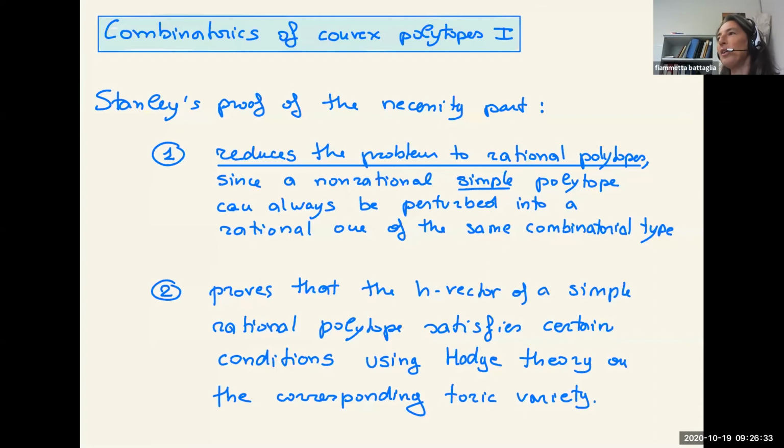So as far as we are interested in the combinatorics of the polytopes, we can just look at the rational ones, and this is what Stanley does. Then he proves that the H vector of a simple rational polytope satisfies certain conditions. He proves this by using Hodge theory on the corresponding toric variety.